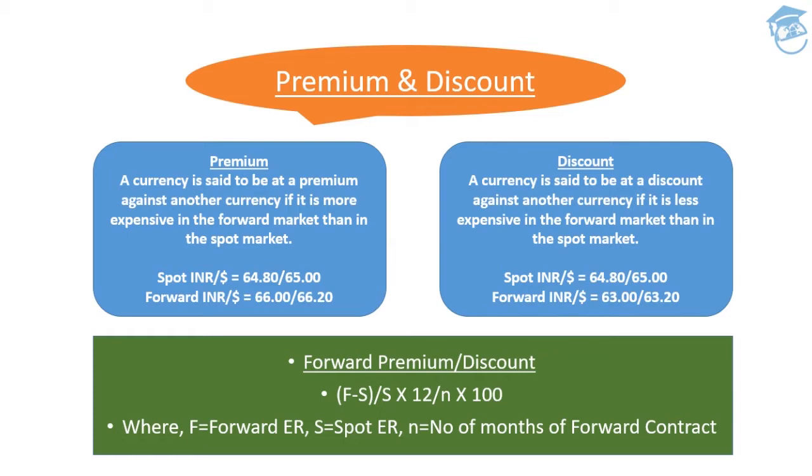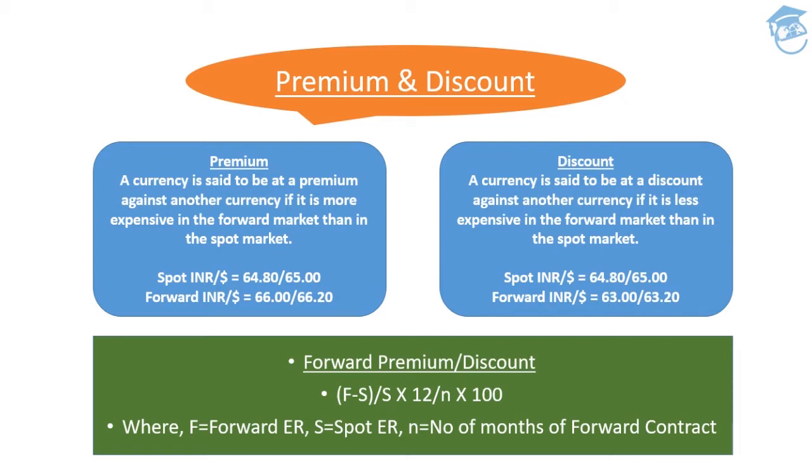What do you understand by this? It is very simple to note, guys, that here the Indian rupee is depreciating. So I can simply say that the US dollar is at premium now. It is getting costlier day by day, in comparison to the rate offered today and the one that will be available after 2 months. I can purchase a dollar today at 65 rupees.